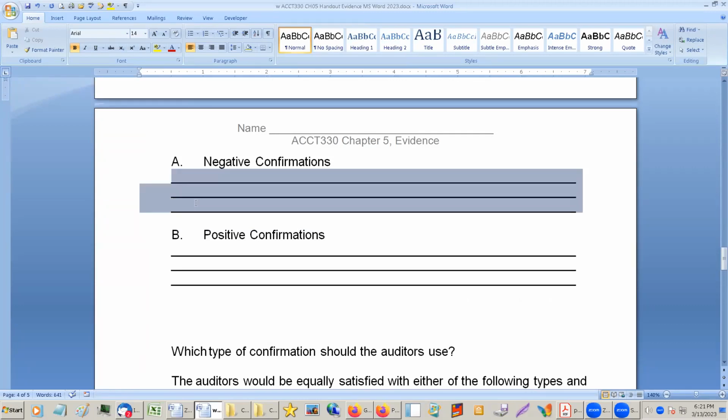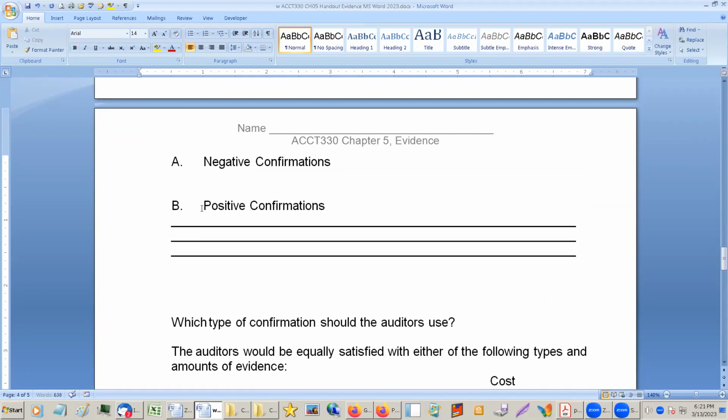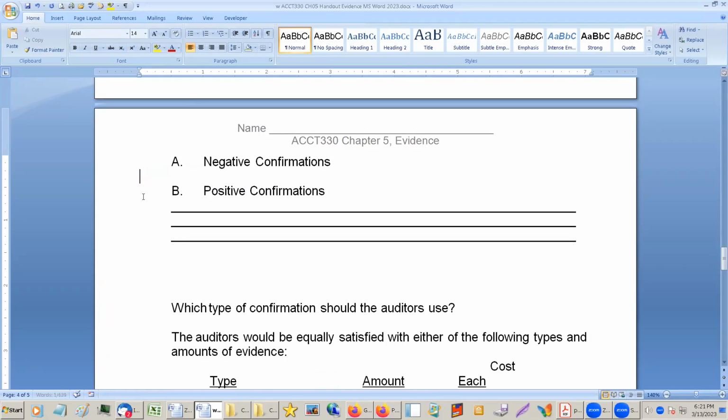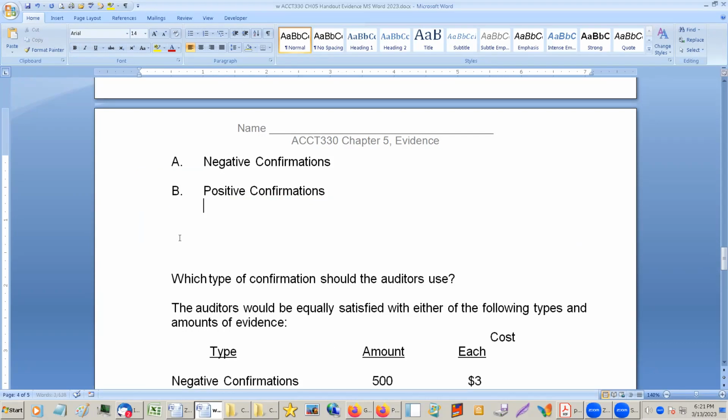Okay, negative confirmations. I should actually do positive ones first. I don't like the order I put these in. Positive confirmations.